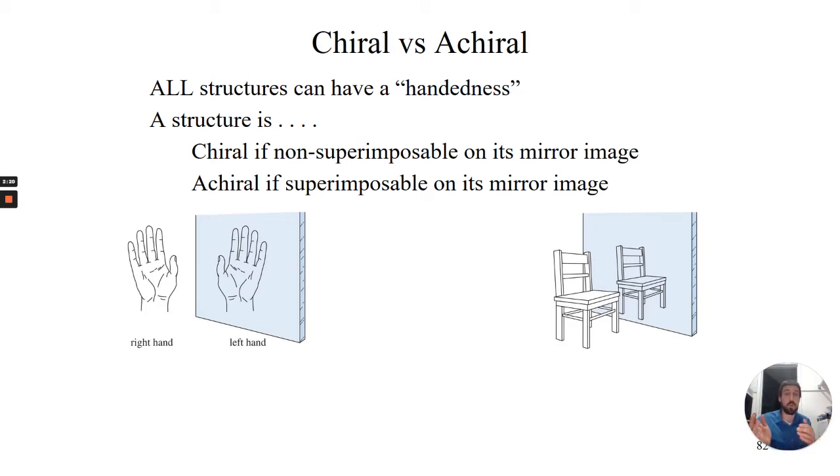Okay? So the chiral definition comes back to this superimposability. It's saying that we are non-superimposable on the mirror image. So if we take a look at a right hand and we look at the mirror image, okay, we put a mirror right here and we looked at it, it would look like my left hand. Are those superimposable? One of the things that we'll commonly get is you go, oh yeah, of course they're superimposable.